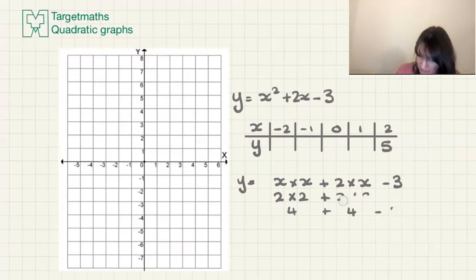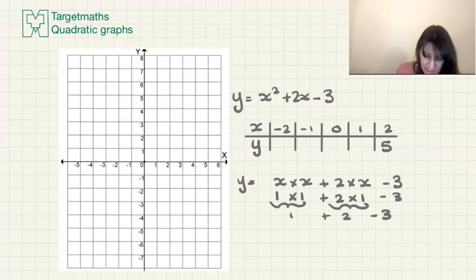Now I am going to do mine directly under those x's, so it's easy to see. X is now 1, so I've got 1 times 1 plus 2 times 1 minus 3. 1 times 1 is 1. Plus 2 times 1 is 2. 1 plus 2 is 3.